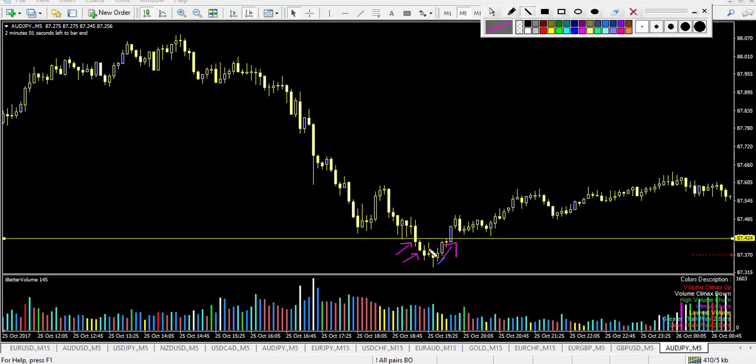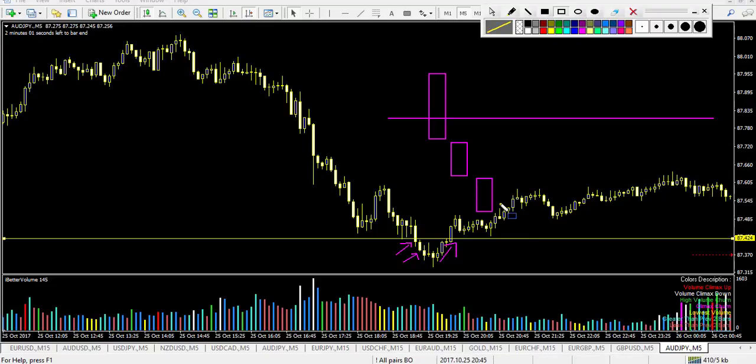Actually you want to have, for example, let's say my level is here, for the sake of the example, a good strong candle breaking in the downside direction, followed by another one, okay? And when the price goes up, you will have little candles, not as strong as the movement going down.